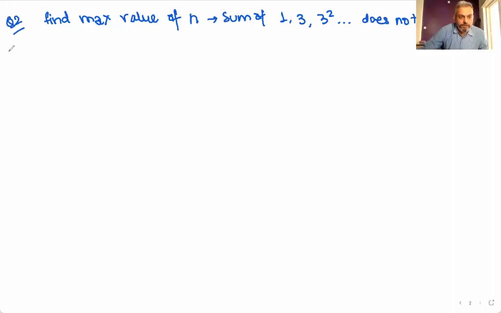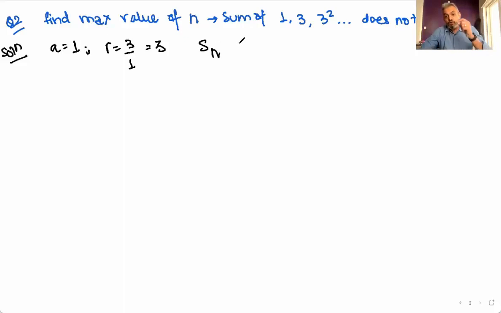Over here in the solution, A is equal to 1, R is equal to T2 upon T1, which is equal to 3. Now the sum of n terms, Sn, should not exceed, so it should be less than or equal to 365.